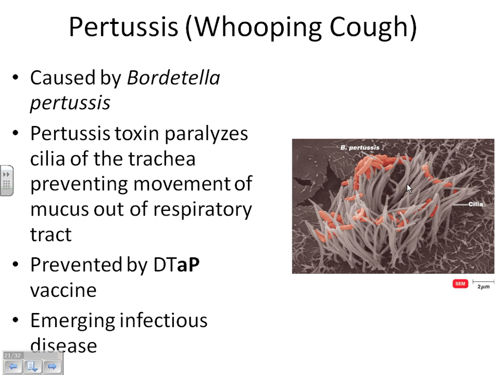But a baby that has never been vaccinated or not old enough to be vaccinated can get the bacteria. So I can be an adult that does not have whooping cough, but I could have some of this bacteria in my respiratory tract, and it's just not hurting me. And then if I get around a baby that is either not vaccinated or too young to be vaccinated, they can actually get whooping cough from me.